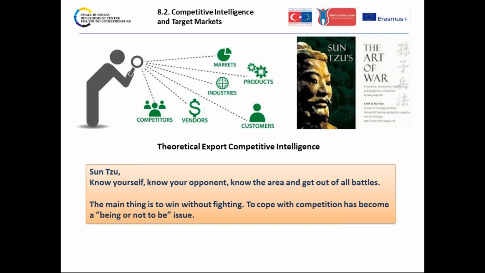You also need to know your opponent. As he said, as you see on the screen: know yourself, know your opponent, know the area, and get out of all battles. The main thing is to win without fighting. To cope with competition has become a question of to be or not to be. If you know yourself and your opponent, you will have some advantages during your trade in the world.